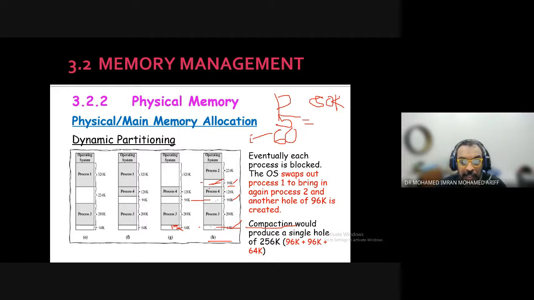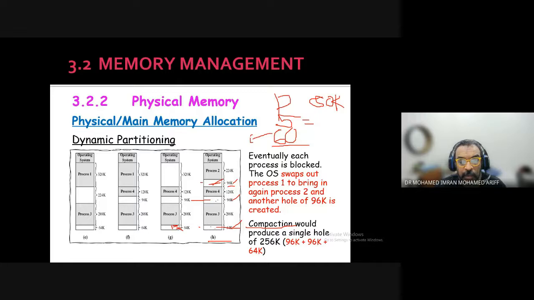Oh, was it 80 or was it 60? Sorry, it was 60. Okay, so I repeat. So 60 kan? So kalau 60, it will look from top to bottom. In the first fit algorithm, it will check the first one it finds, which is this one. So 60 ni akan masuk.